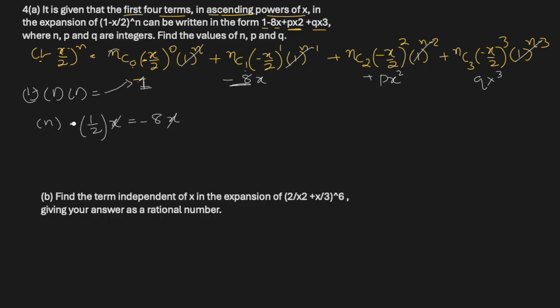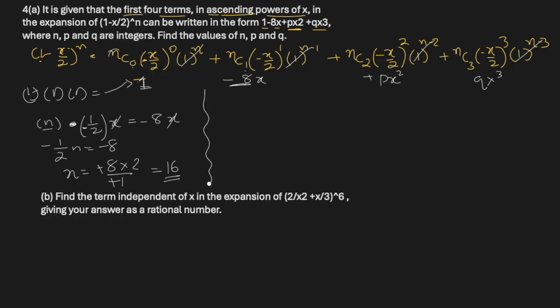Since n and these are multiplying, I should not have written this minus outside, it is inside. So we get minus 1 over 2n equal to minus 8. So n comes out to be minus 8 multiplied by 2 divided by minus 1. The minus 1 comes down, so they cancel out. 8 times 2, 16 is n.